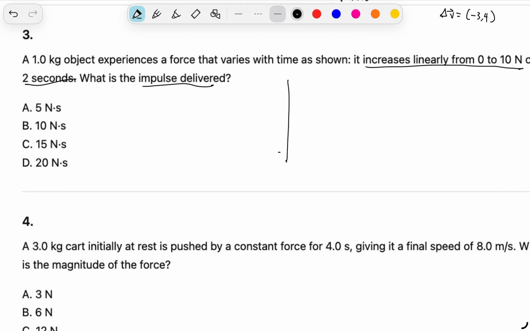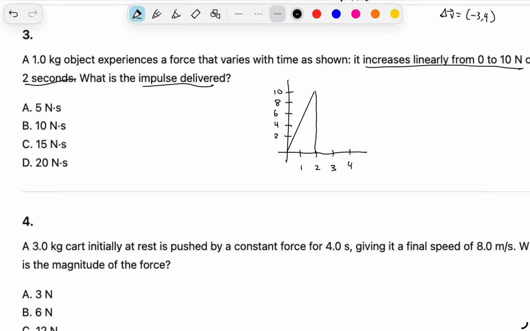So we can draw this out as a graph. So from 1 to 2, we go up to 10.